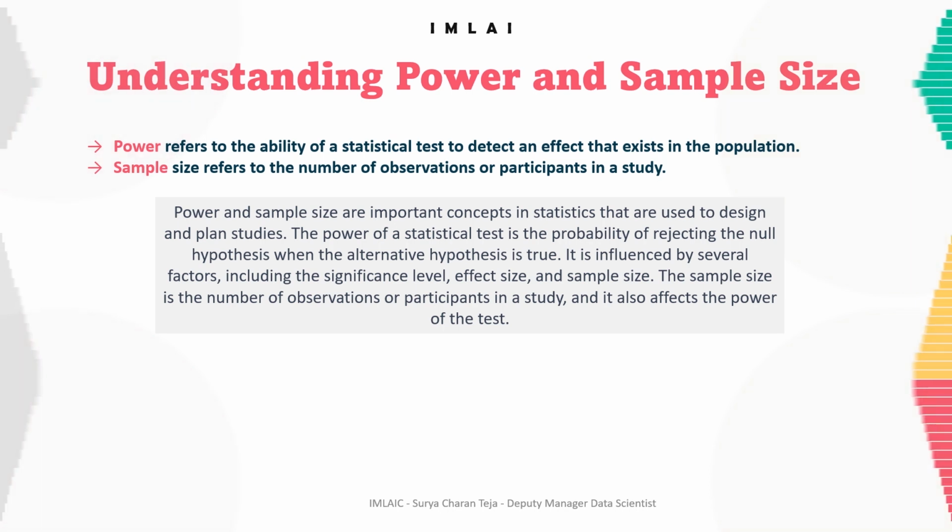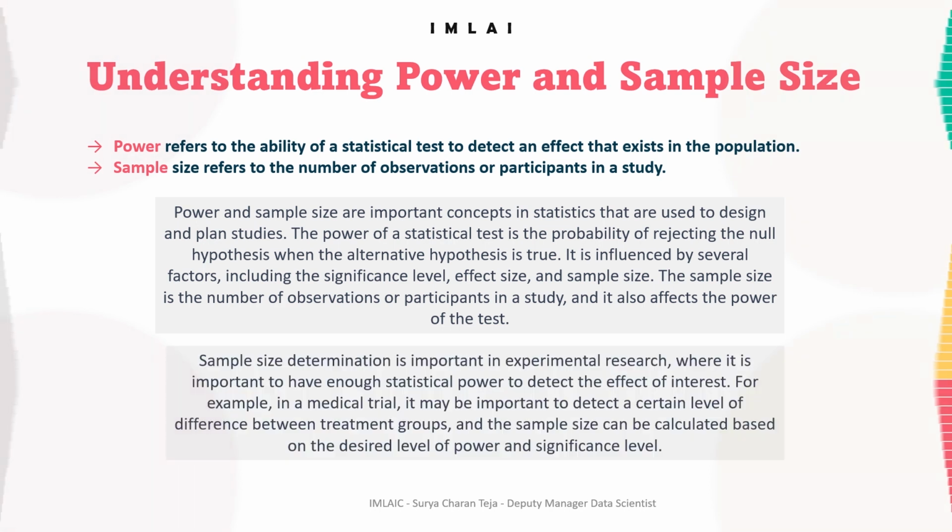There are various methods to calculate the required sample size for a study, including analytical methods and simulation based approaches. One commonly used analytical method is the power analysis, which involves calculating the sample size based on the desired level of power, effect size, and significance level.